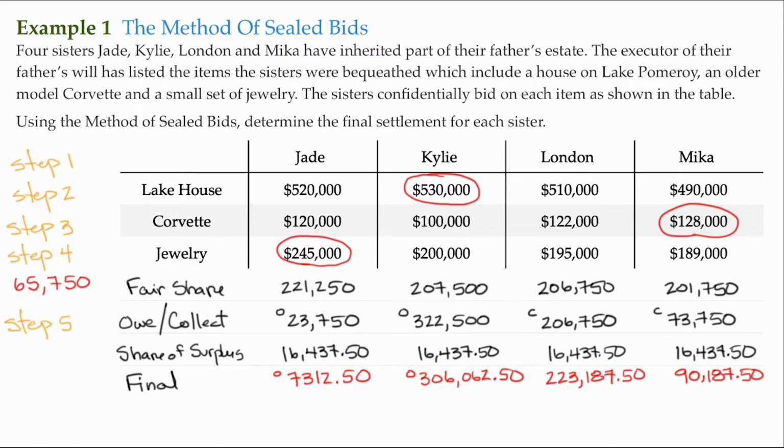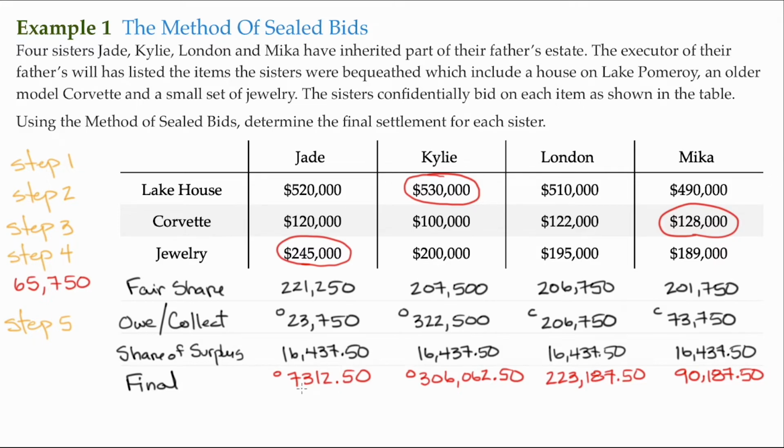So now when you think about it, Jade's fair share is $221,250. That's what she expected to get. She winds up getting $245,000 worth of the jewelry, but then still has to owe $7,312.50 back to the estate.